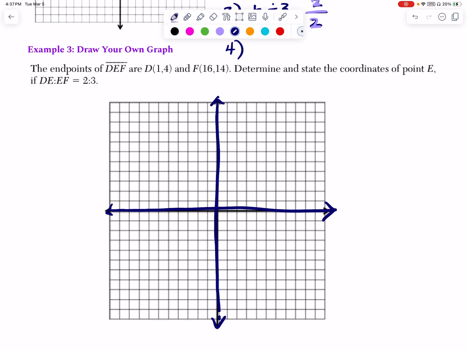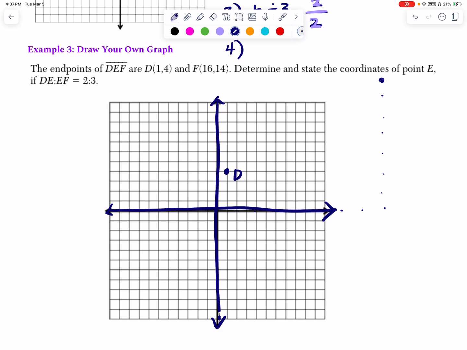The endpoints of DEF are D 1, 4. Let's graph that. And F is 16, 14. I might run out of space, but all good. 2, 4, 6, 8, 10, 12, 14, 16, and go up 2, 4, 6, 8, 10, 12, 14.